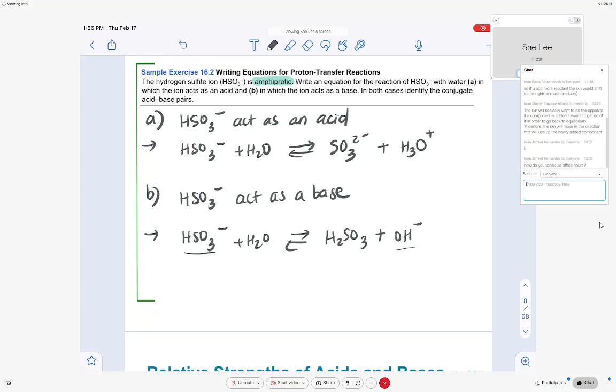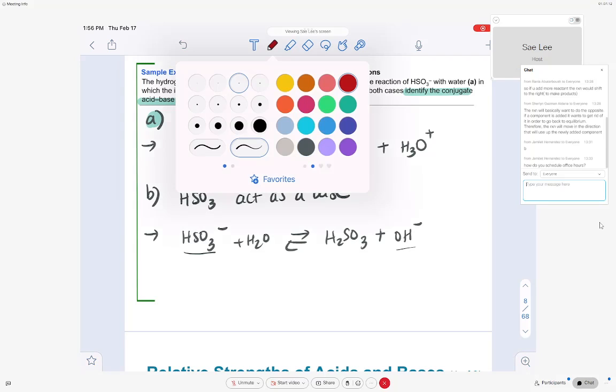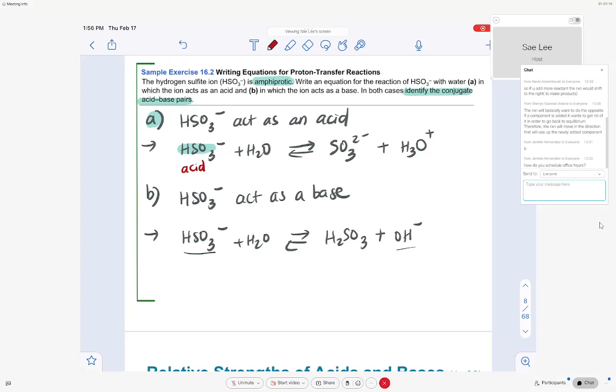All right, the question asks us to identify the conjugate acid-base pairs. The conjugate acid-base pairs for question A: hydrogen sulfide is an acid, and the sulfite is going to be its conjugate base.